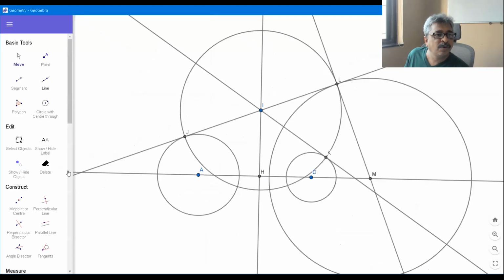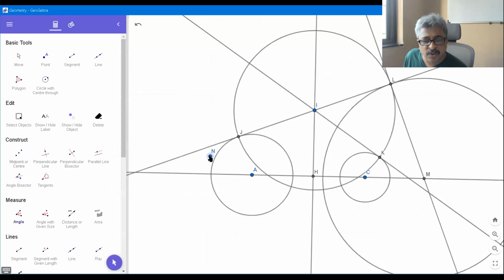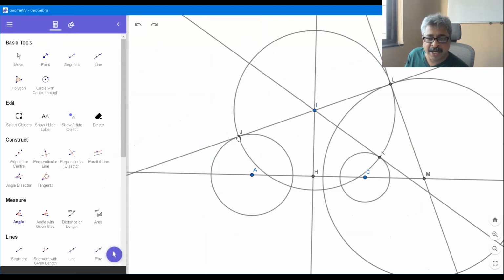Okay. So now Samartha has drawn these two circles, one with center A and another with center C. And he has constructed the radical axis of that, which is line HI. Okay, any general circle with center I is constructed and any radius is taken, IL.